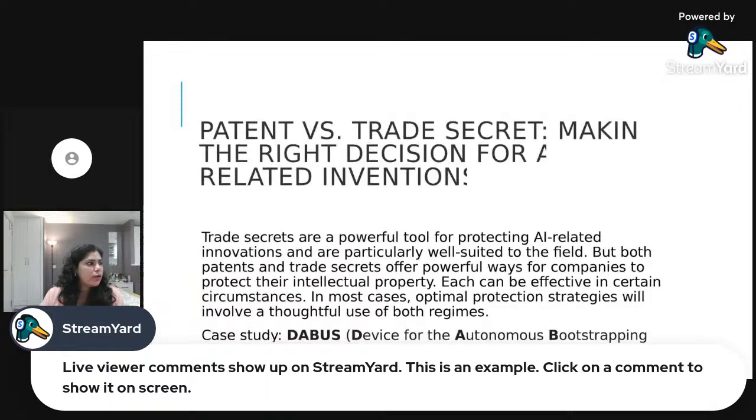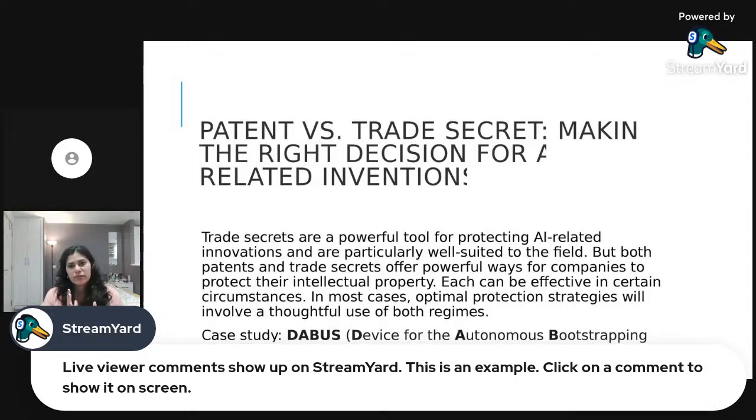And how does it help you in making the right call for AI related inventions? Even though trade secrets are important to protect AI related IP, there are various advantages and drawbacks of both patents and trade secrets.